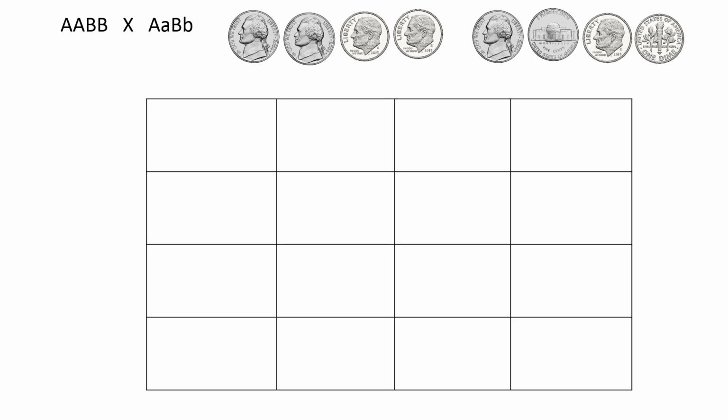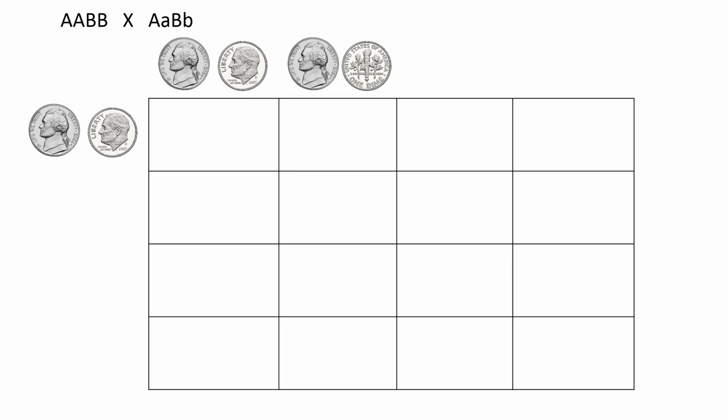Here we have the first combination. You can see the parent that's represented on the left-hand side is the big A, big B, big B. There is only one combination of alleles that that parent will have, and that's big A, big B. So we only really need one row of our Punnett square in this situation because of that one parent. The other parent is going to have four different combinations.